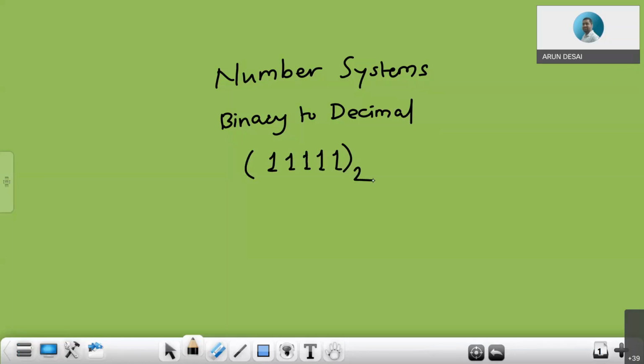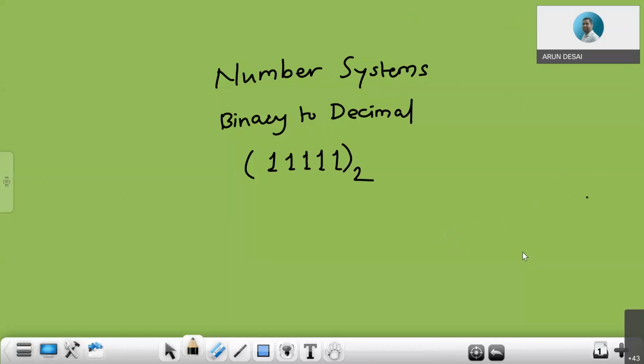I need to convert this binary into decimal. How to convert?